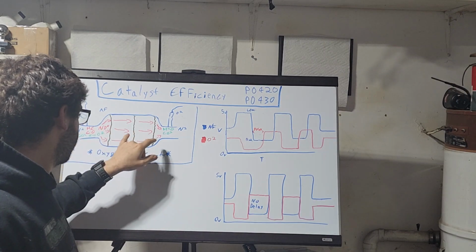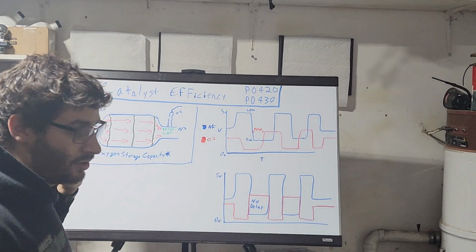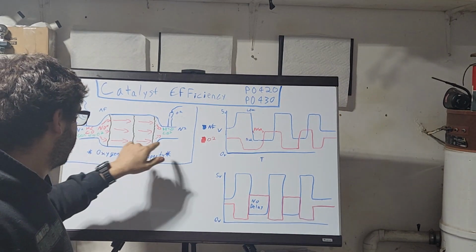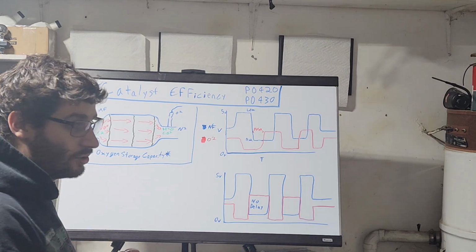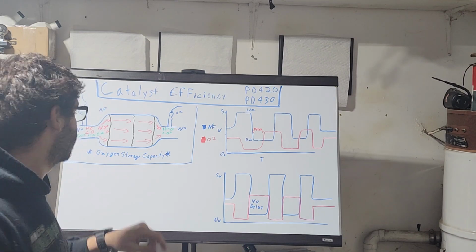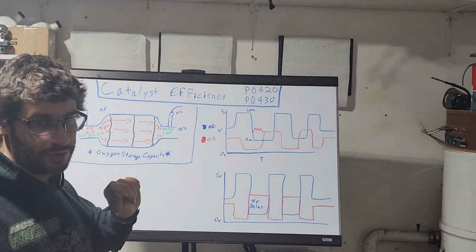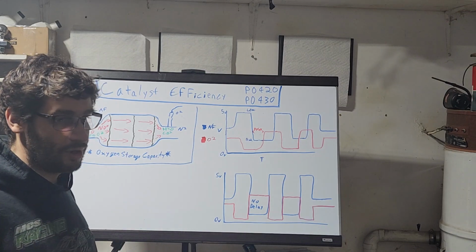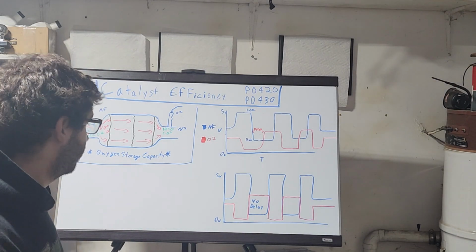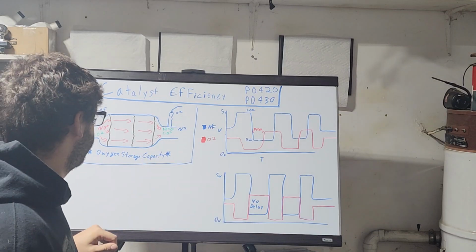It goes through the converter and heats up. If you're using a pyrometer and you measure before and after the converter, the back of the converter should be hotter by a pretty noticeable amount, usually about 100 degrees. Coming out of the back of the converter, you still have nitrogen, can't burn nitrogen, water, and carbon dioxide in a perfect world. But nothing's ever perfect, but that's kind of your ideal scenario.